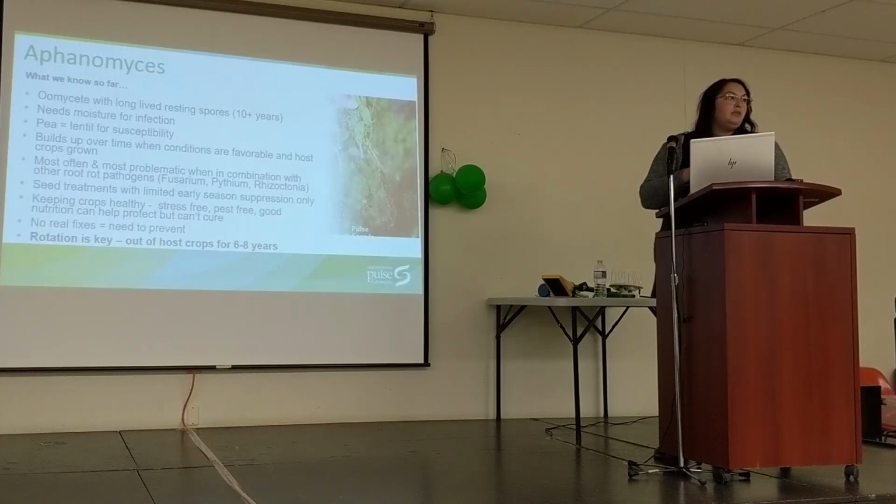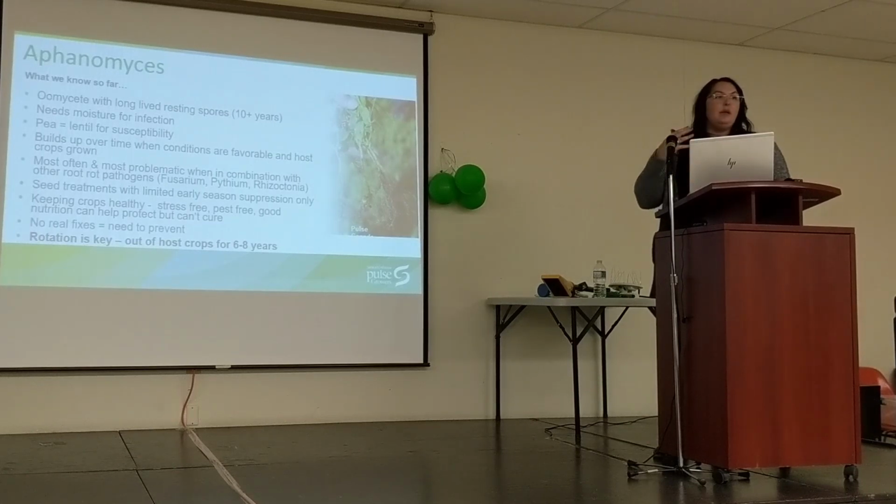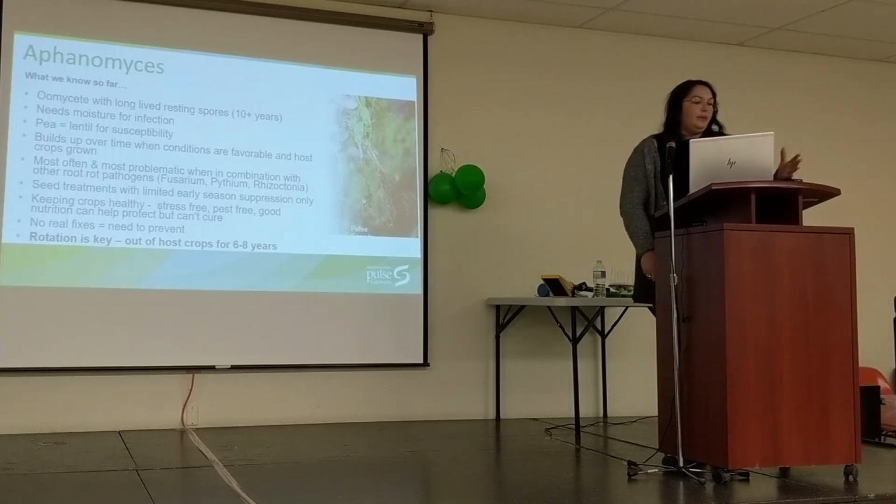Spore loads will build up over time, and drought will not reduce the spore load present in your soil. They will just go into dormancy, and when that moisture is present again, they will go into their reproductive cycle and activate. Most problematic infections of Aphanomyces occur when it's in that complex, so again, in conjunction with other root rot diseases.